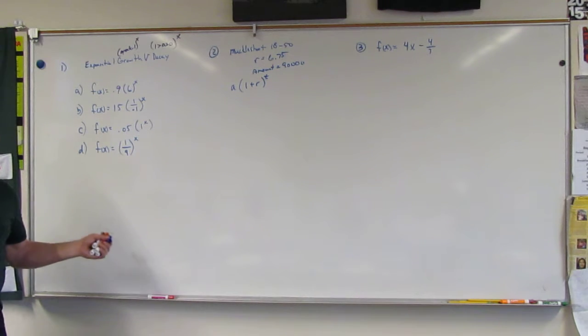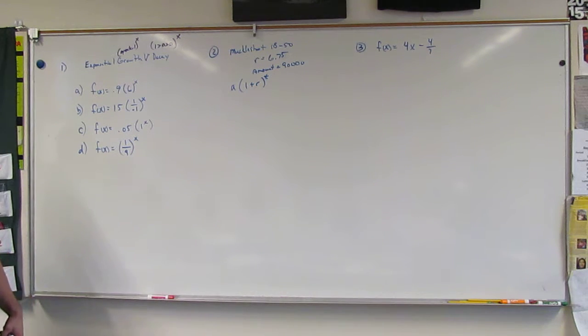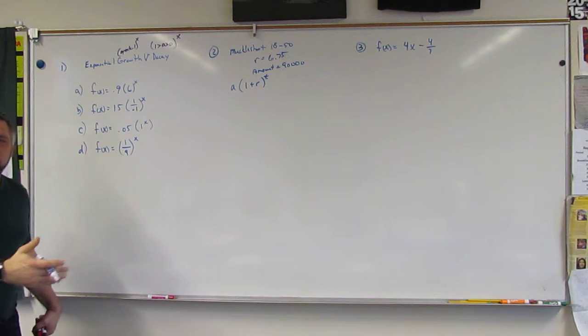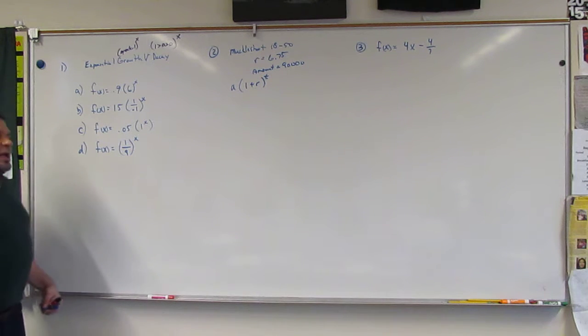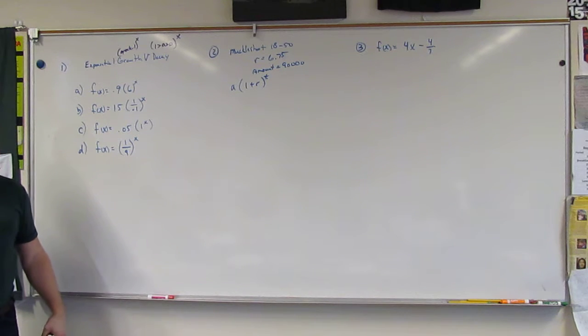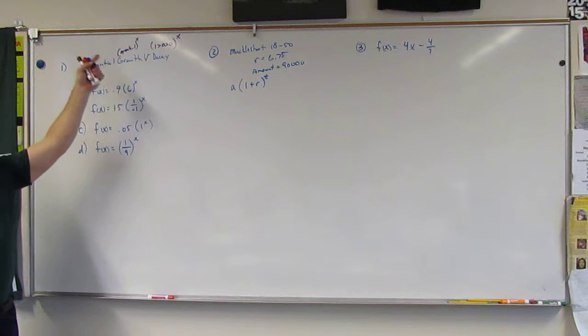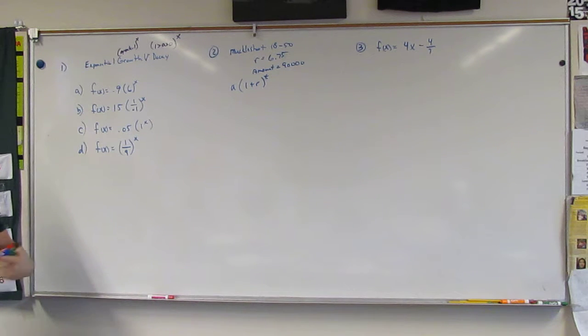It can't be negative. It can't be a 1, because a 1 will always be 1, and a 0 will always be 0. So it needs to be a number between 0 and 1, and that would be decay, or a number greater than 1, and that would be growth.